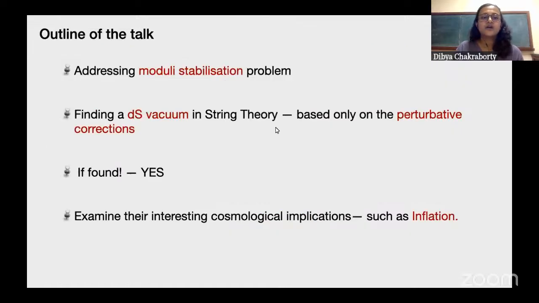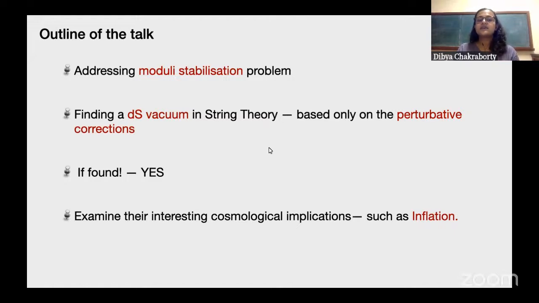Okay. So now, the idea of the talk is the following. I will address the moduli stabilization because I already told you why this is important, because otherwise they will play a role. And I will see a lot of scalar fields lying around in today's world, and fifth forces, they will mediate fifth forces.